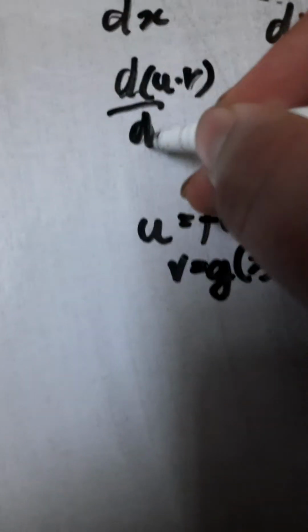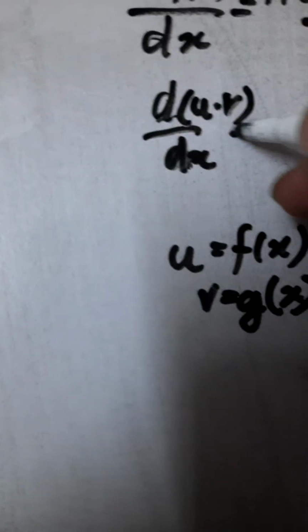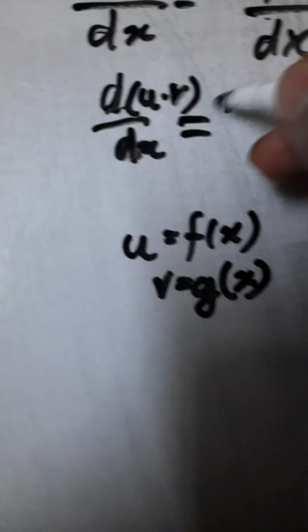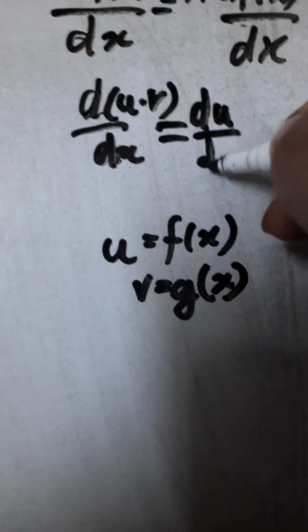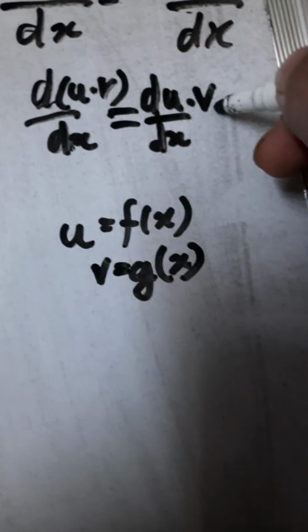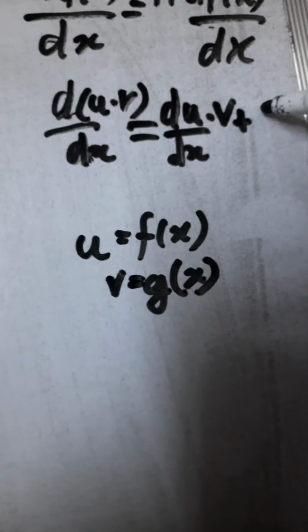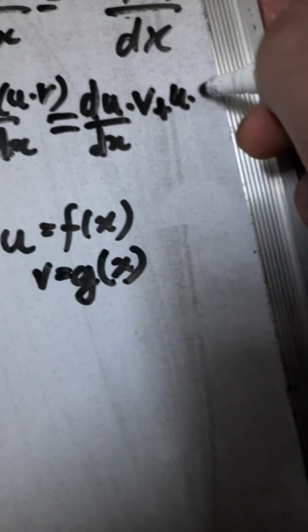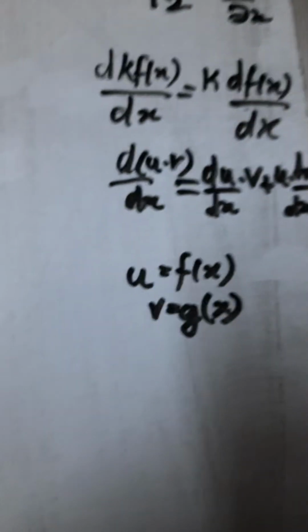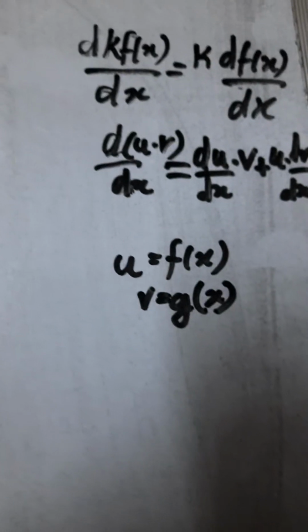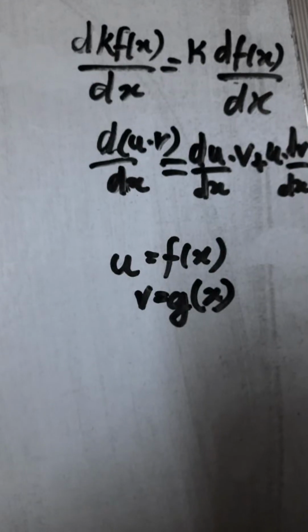Now d by dx of u into v is du by dx into v plus u into dv by dx. Understood? The derivative of u into v is equal to u times the derivative of v plus v times the derivative of u.